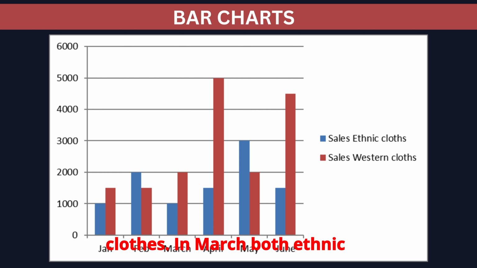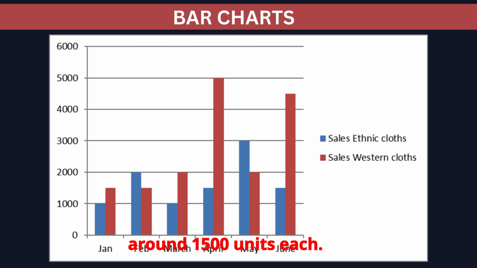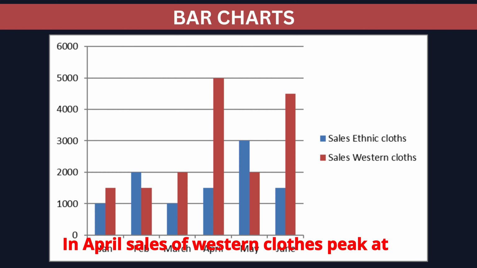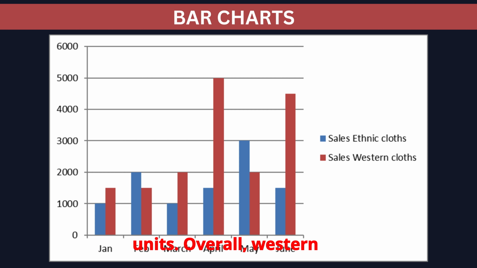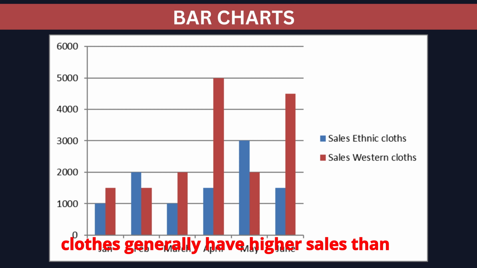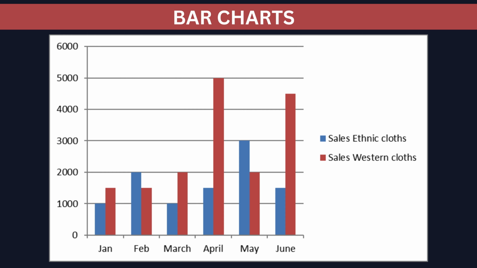In March both have similar sales, around 1,500 units each. In April sales of Western clothes peak at 5,000 units, significantly higher than ethnic clothes, which remain at 1,000 units. Overall, Western clothes generally have higher sales than ethnic clothes, with some months showing significant differences.